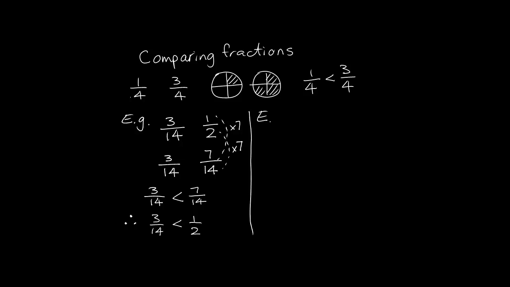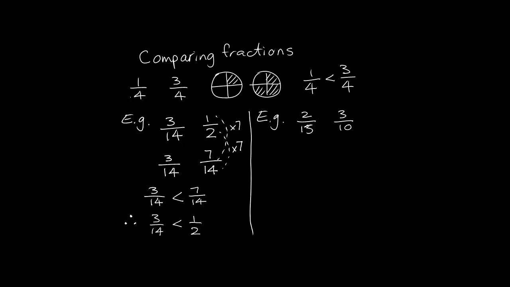Now, let's have a look at one more example. Suppose we're trying to compare 2/15 and 3/10. Again, the denominators are different, which makes it harder to compare. So what we want to do here is to find the common denominator between the 15 and the 10.